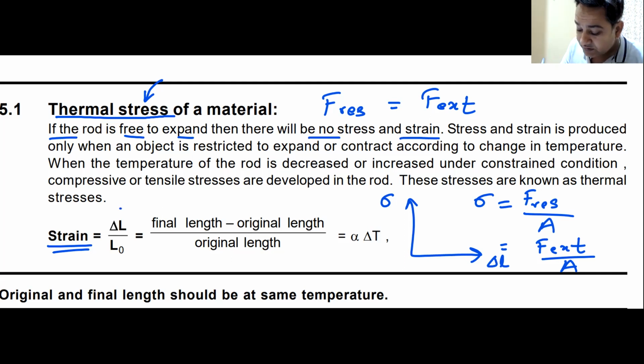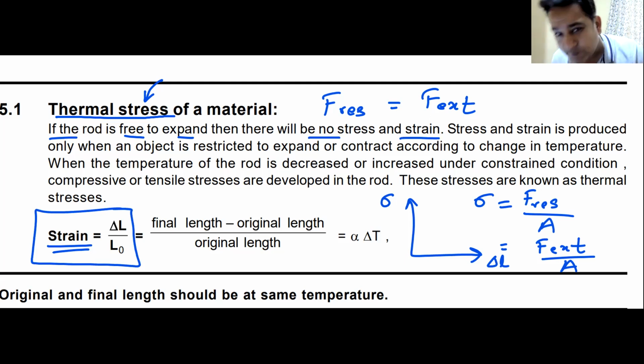Strain, if I say longitudinal strain, is defined like this: change in length divided by original length. In fact, strain is change in dimension divided by original dimension. Do you know what is strain? Strain is normally denoted sometimes by epsilon. Epsilon is strain.